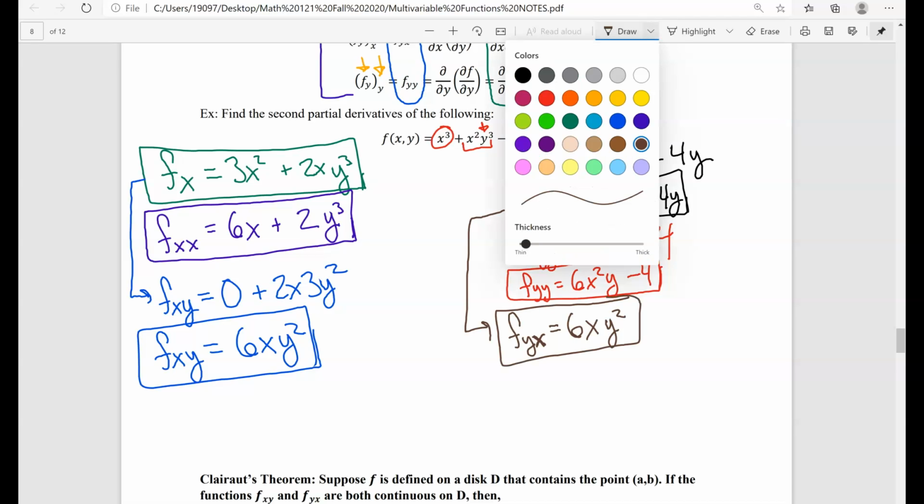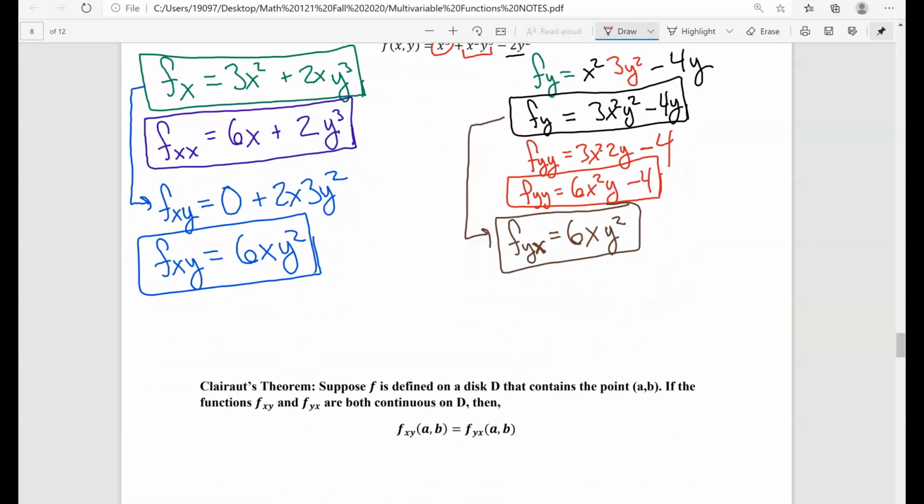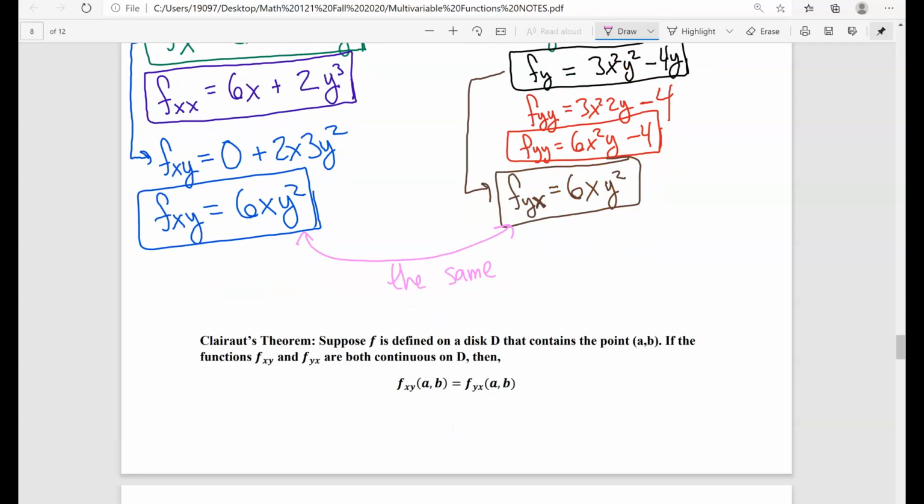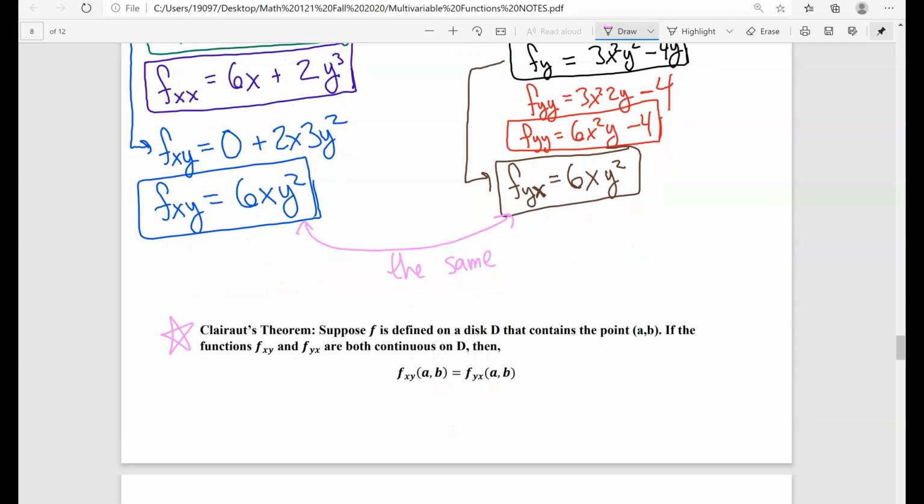And as you can see, these two guys are exactly the same. So whenever we take mixed partials, these guys are the same. And Clairaut's theorem right here just tells you that they're the same. So there's a theorem that was proven.